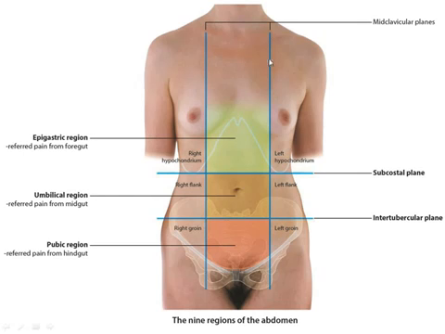Mid-clavicular means the lines start from the midpoint of the clavicle over here and go to the mid-inguinal point. When we join the mid-inguinal point and the mid-clavicular point, we get the two lateral planes that are known as the mid-clavicular planes.